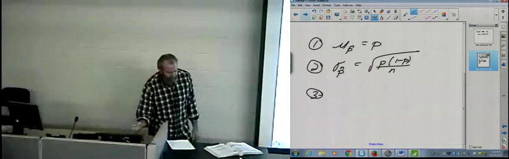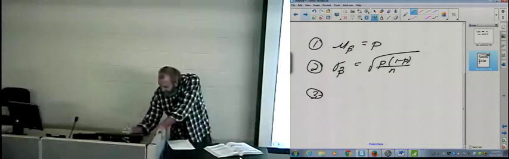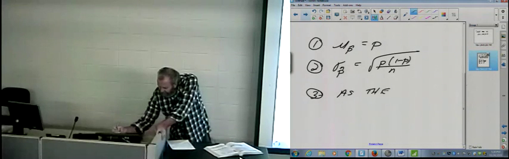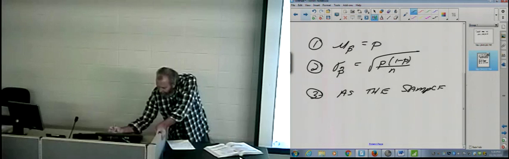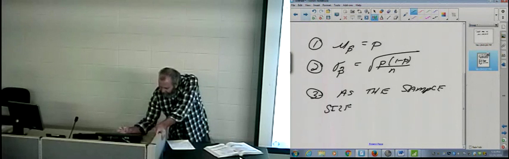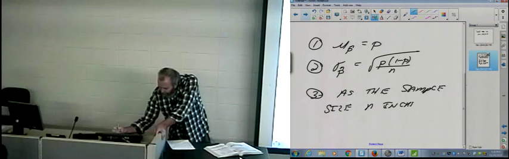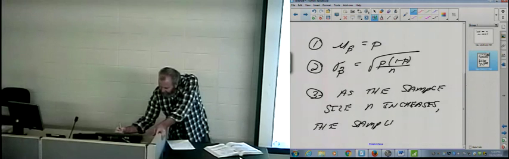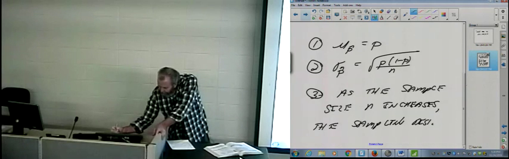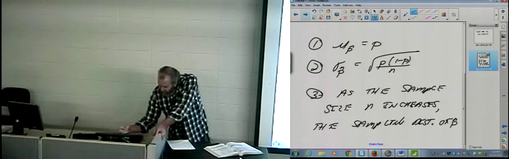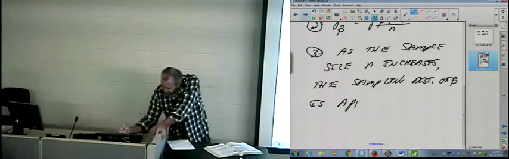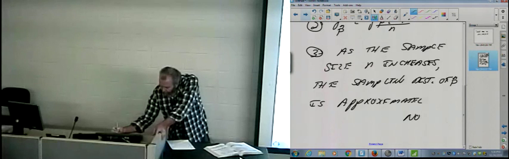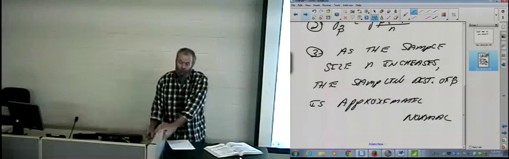The third thing is the shape. And as the sample size n increases, the sampling distribution of p hat is approximately normal.